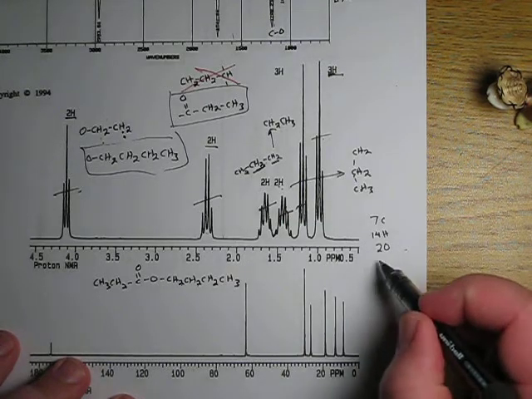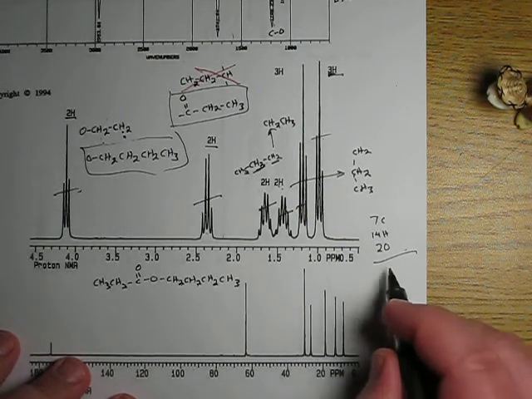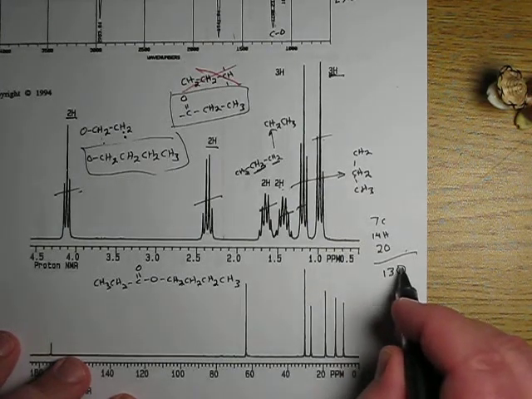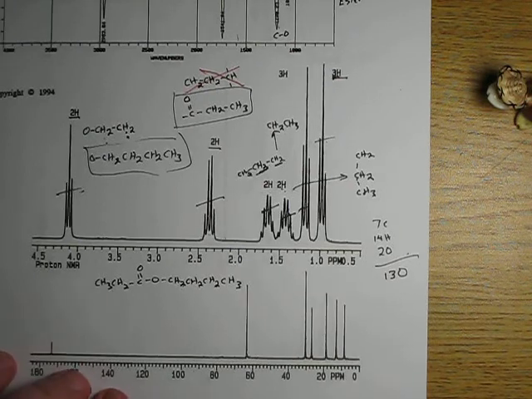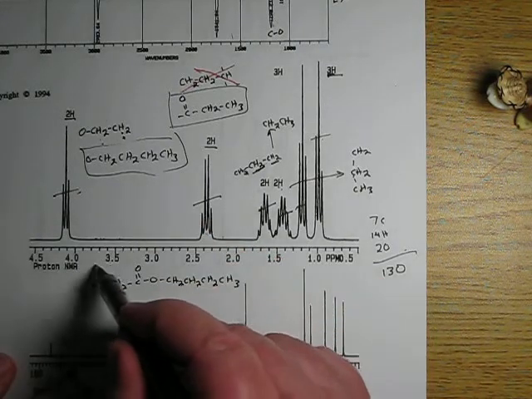And when I add up all those masses on the calculator, I get 130. So that tells me there's no extra oxygens in here or anything missing. This works out. So this is the molecule right there.